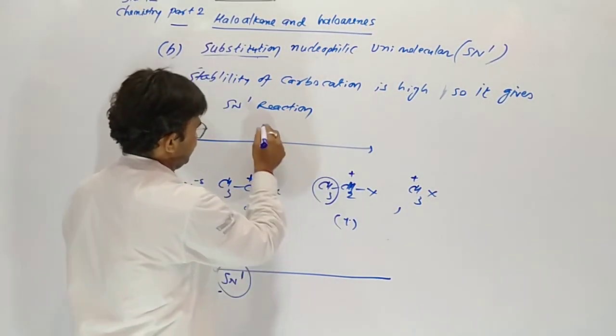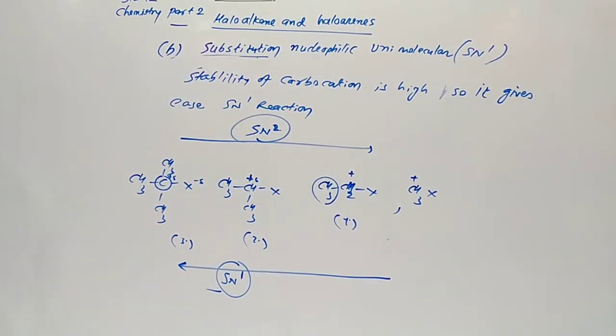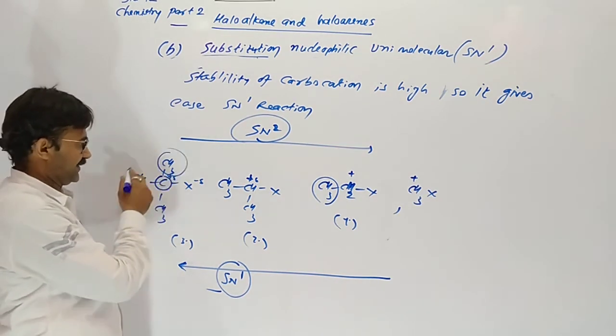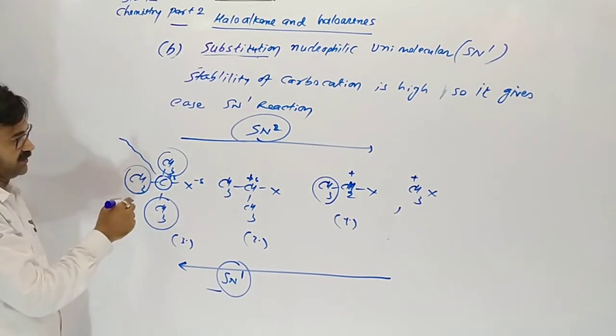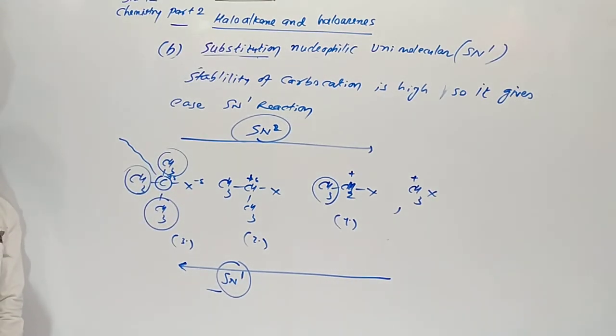In SN2, it is the inverse of it. SN2 means the reaction occurs in one time, one step. So here is the bulky nature. Whenever bulkiness is maximum over the carbon, it does not give the SN2 reaction.